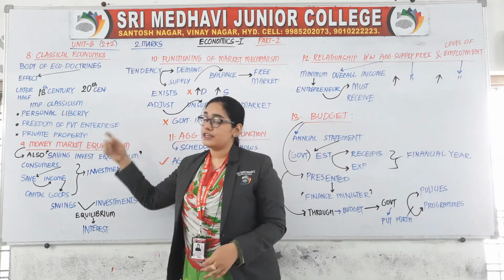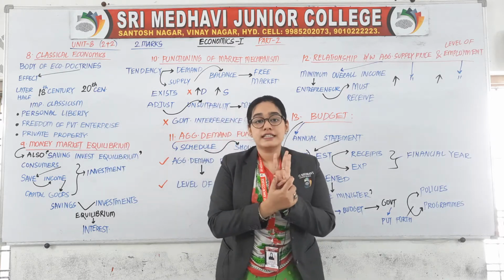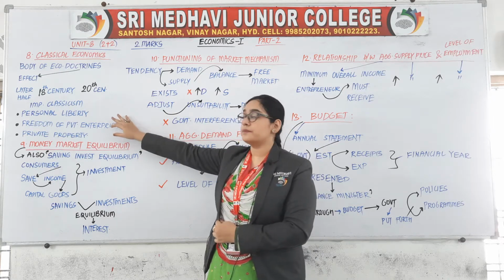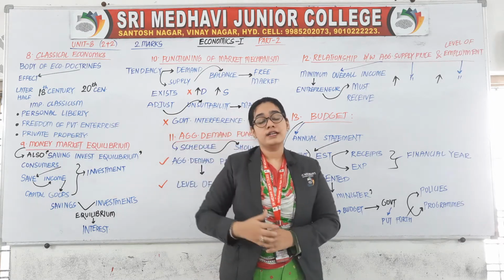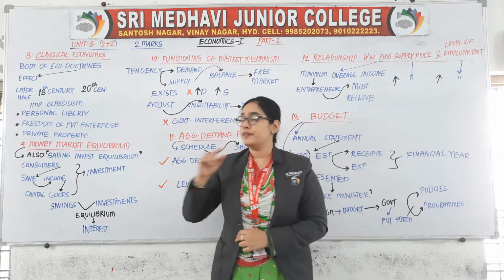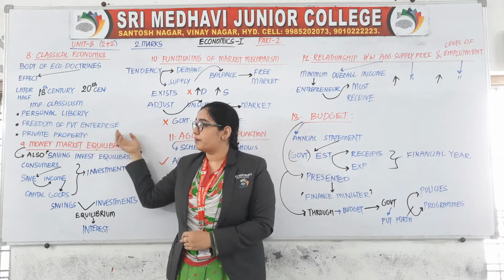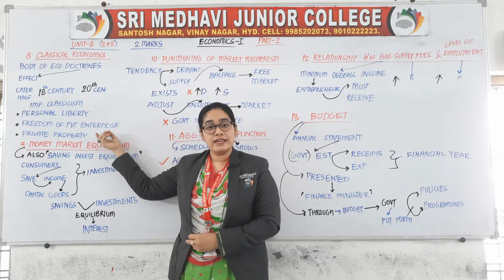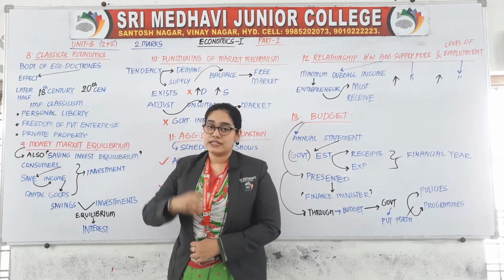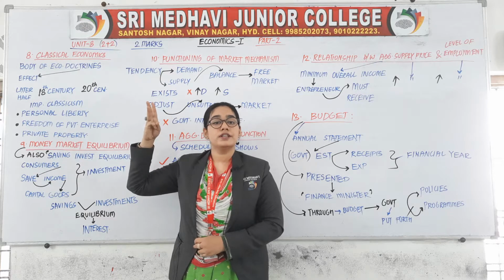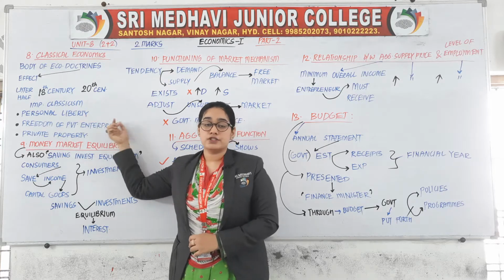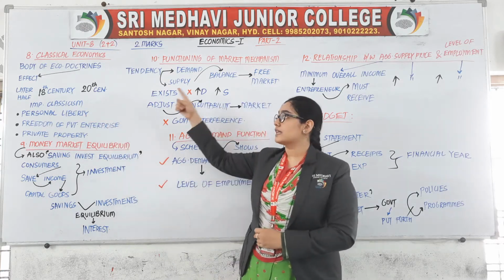Then private property. These are the three very important properties of classicism: personal liberty, freedom of private enterprise, and private property.